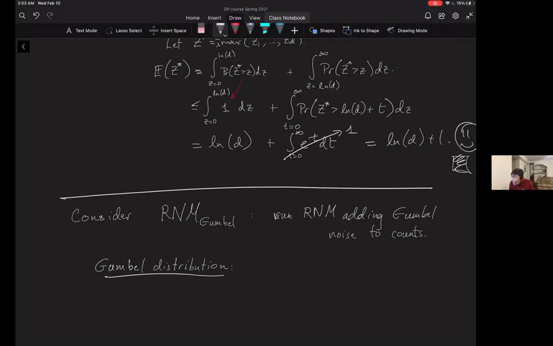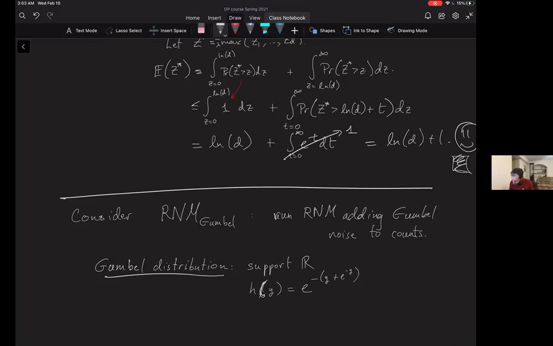So the Gumbel distribution has support on all of R, not just on the positive part of it. And it has the density, I'll just define it this way, e to the minus y plus e to the minus y.